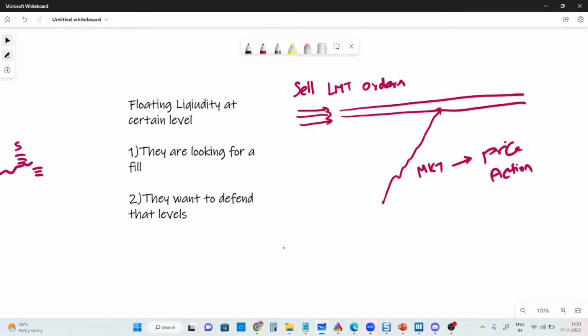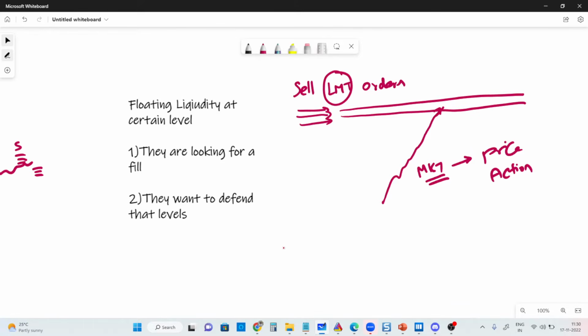Let's say the market orders are aggressive, but limit orders are not aggressive, what will happen? The liquidity zone will be broken up and the market will start moving towards the next liquidity zone. But what will happen if market orders are less aggressive compared to the limit orders, or limit orders are more dominant?